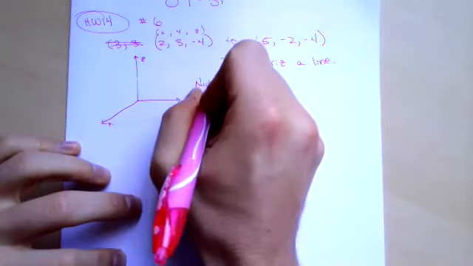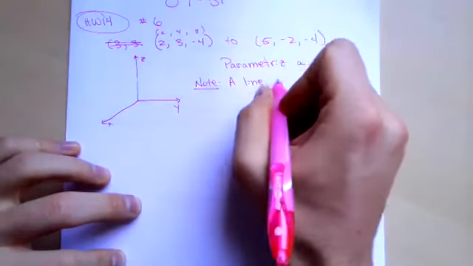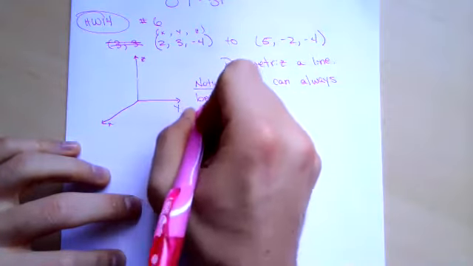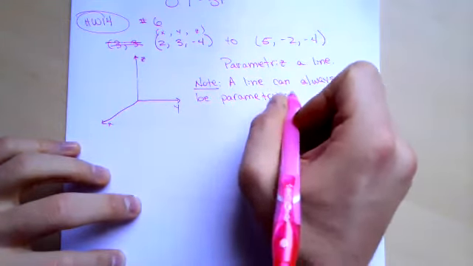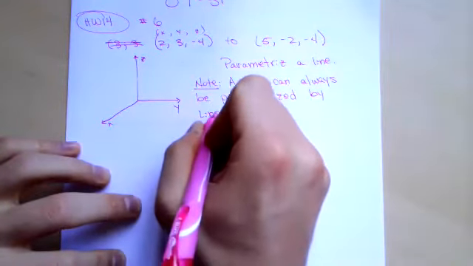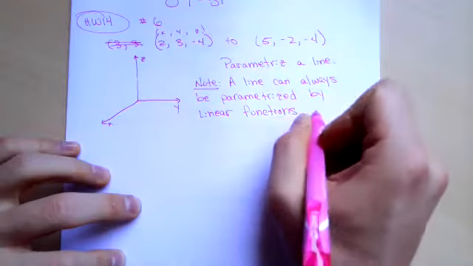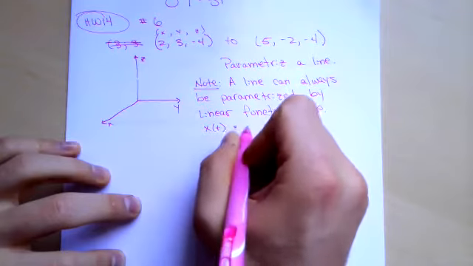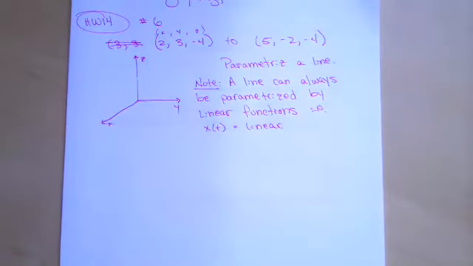And the thing we can always take advantage of, a line can always be parameterized by linear functions. So all your x of t, your y of t, z of t can be lines. It's not always the case.